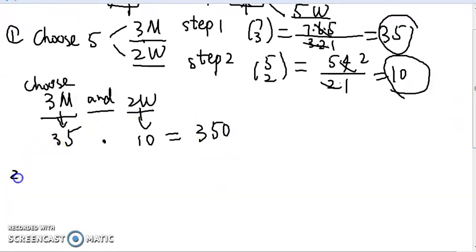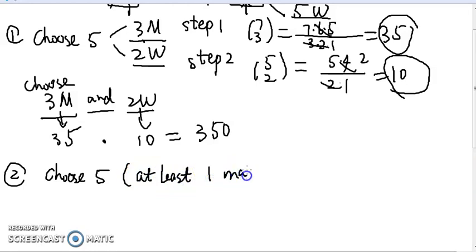All right, let's look at the second question. What if we say out of these 5 workers, we want to make sure that they contain at least 1 man? Previously, we knew exactly how many men we wanted, 3 men. But in this case, we just say at least 1 man.